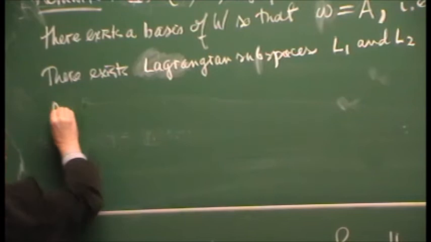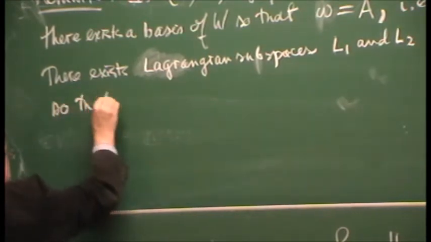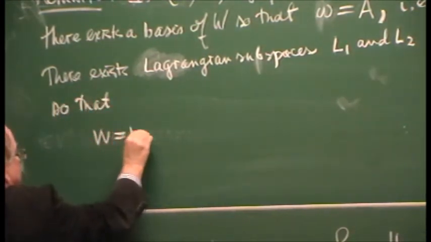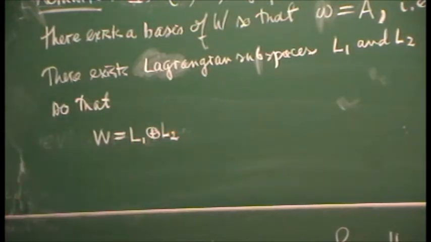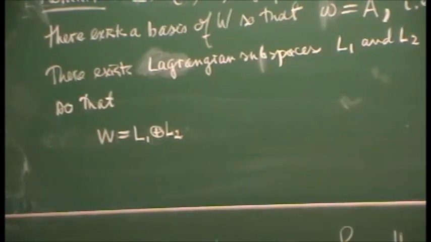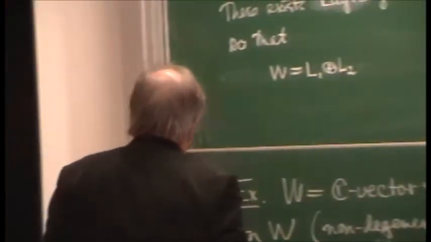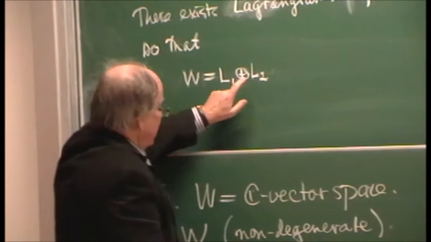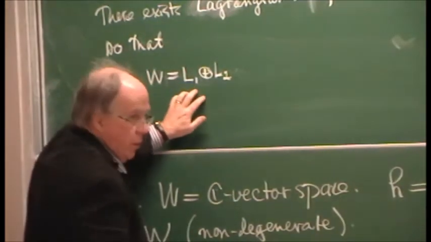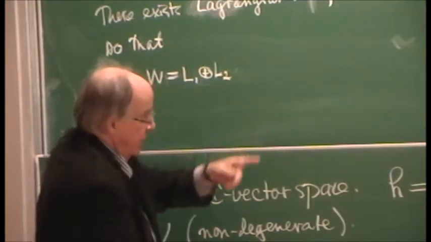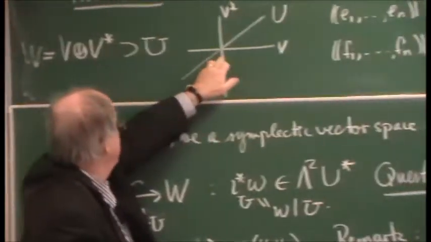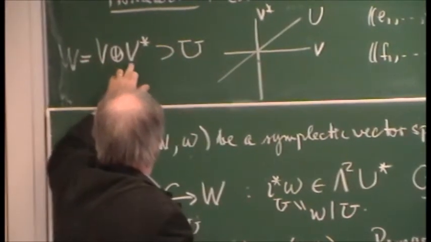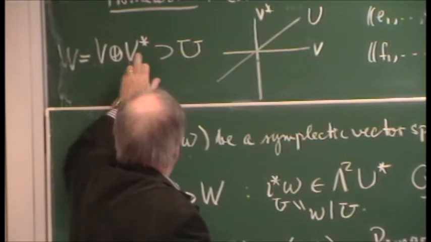so that W is the direct sum of Lagrangian subspaces. So this is the correct viewpoint: W is V plus V star. These are both Lagrangian, if you just identify V with V star, I mean the second space with V star.